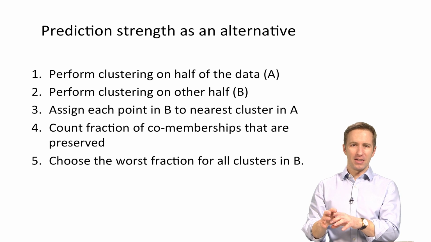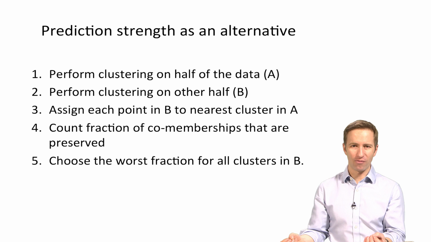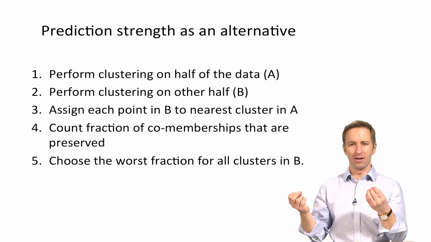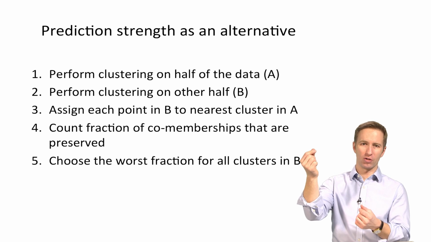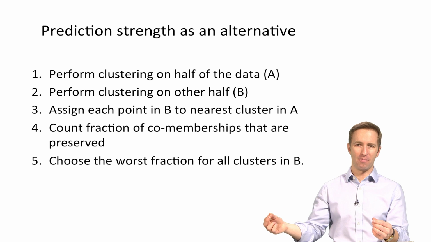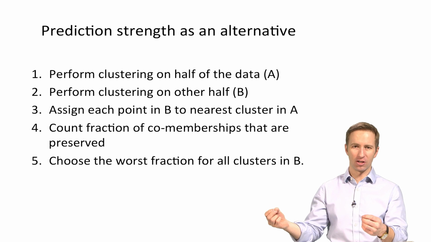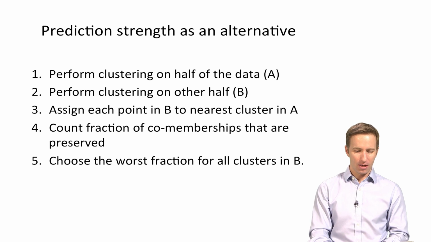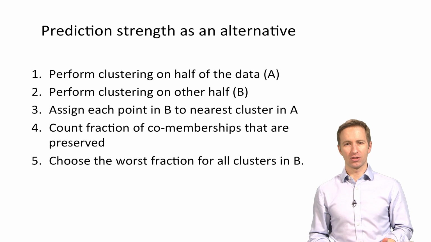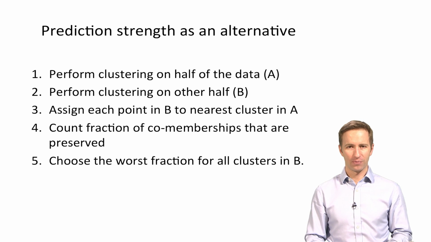And maybe in that case, only half of the co-memberships of that cluster were retained when you mapped them onto the clusters from the first half of the data. And so in that case, prediction strength would be 0.5.